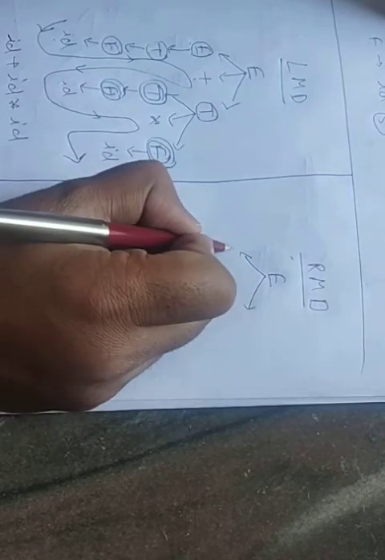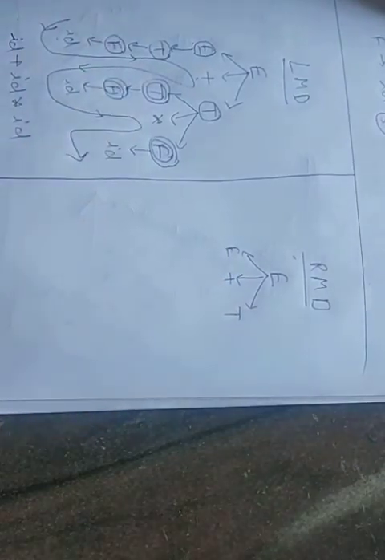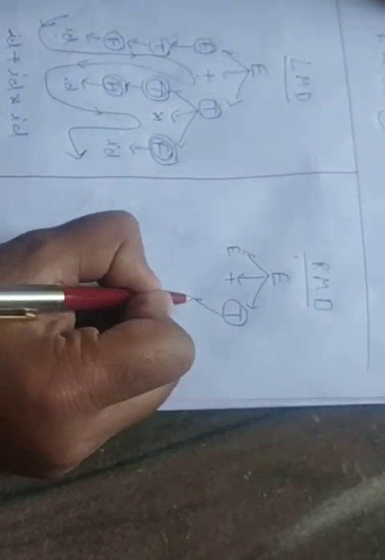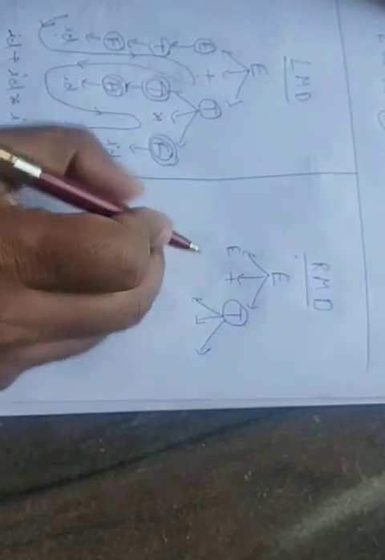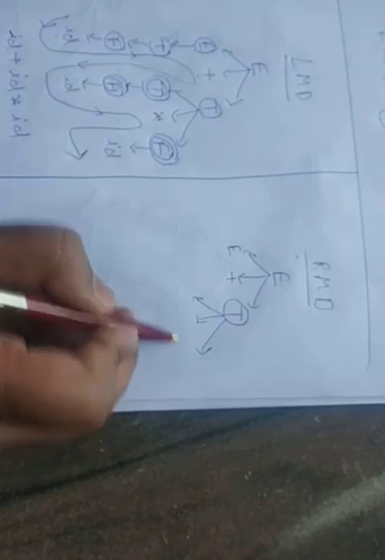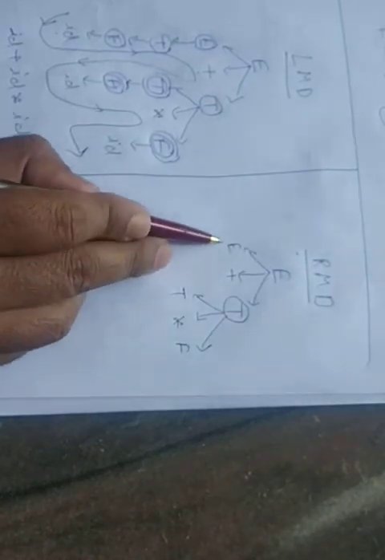I can use any one, so I'm going to start with E produces E plus T. Now in rightmost derivation, it says I need to solve the rightmost variable first, which is this T. For T, because of the string ID plus ID star ID, I'm going to use T star F.